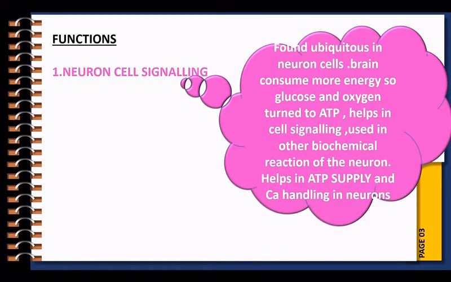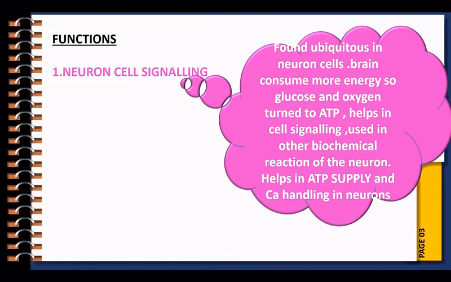The muscle cell will have more mitochondria and the neuron cell also has some mitochondria in it. The brain consumes more energy. So the glucose and oxygen is turned to ATP, and it also helps in cell signaling, and it is also used in other biochemical reactions of the neuron. So the point here is it helps in ATP supply and also calcium handling in the neurons.